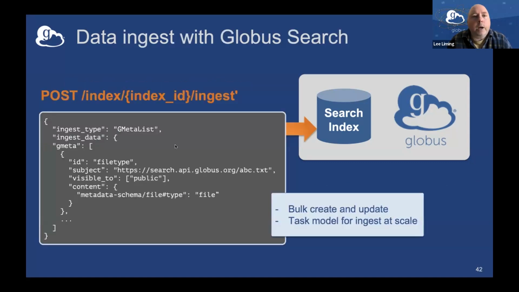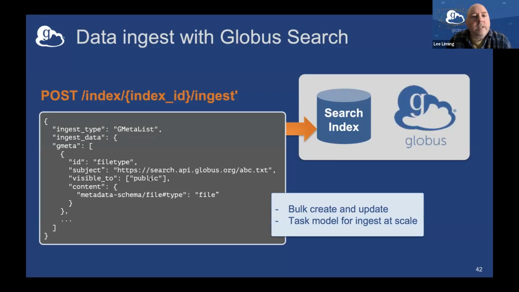This is what posting or putting new entries into Globus looks like. This is not the code to create the index. We'll get to that in the Jupyter notebook in a minute. This is after you've created the search index. You can add entries to that search index. So in this case, there's a subject, which is one of the many things that you can search for in the index.